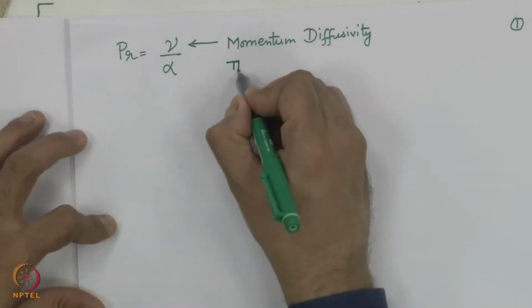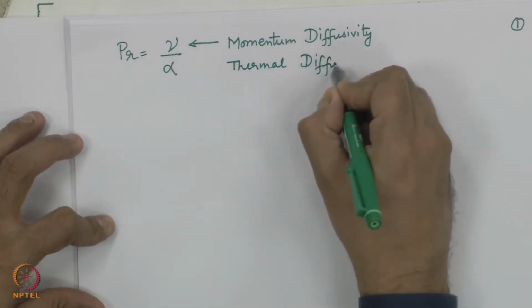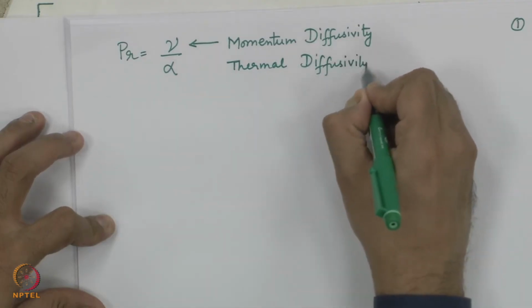Similarly, because of viscosity, momentum is transported from one part of the fluid to the other part of the flow field. This is versus thermal diffusivity, which is the alpha term. This quantity is so significant.